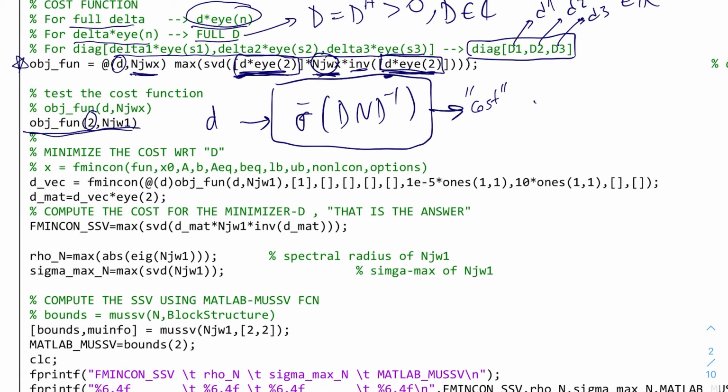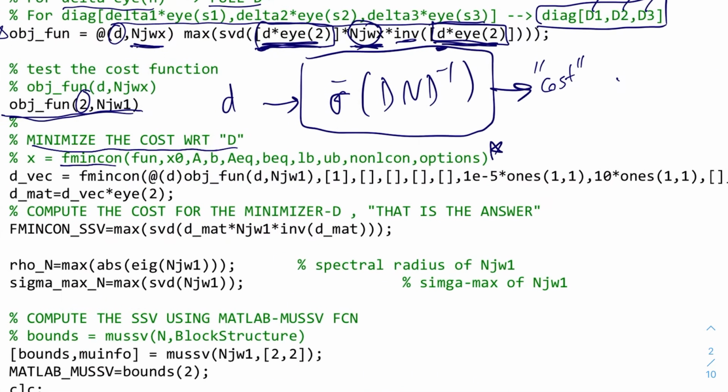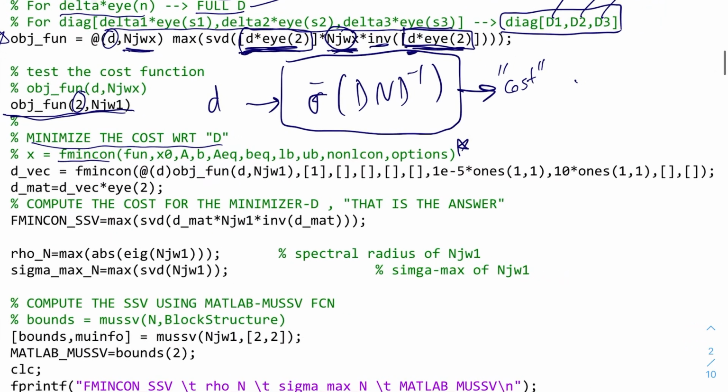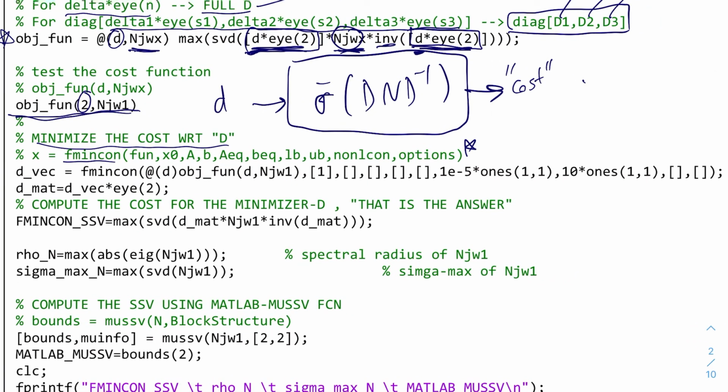Here we are looking to minimize the cost with respect to D, and this is FMINCON. Basically this is how you use FMINCON. First you need to supply the function as input, where your function is like that.